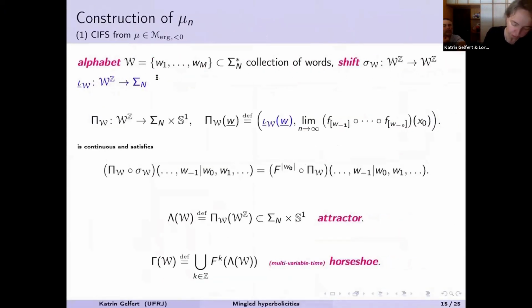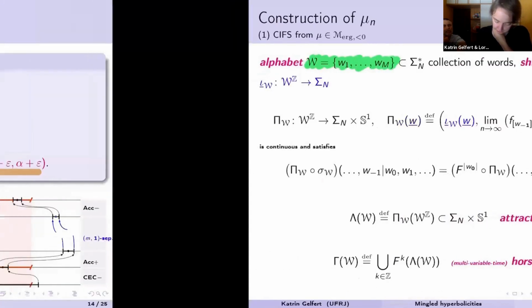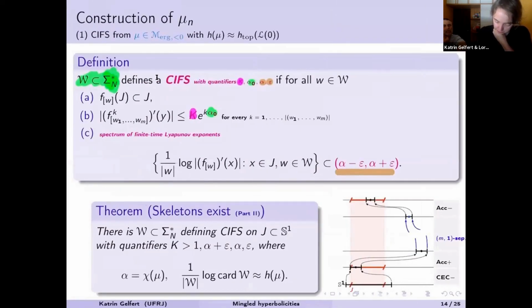Let me take this alphabet, which defines my contracting iterated function system. So this is a collection of words. And well, I can take this. So each of these gives me one iteration by some word W.